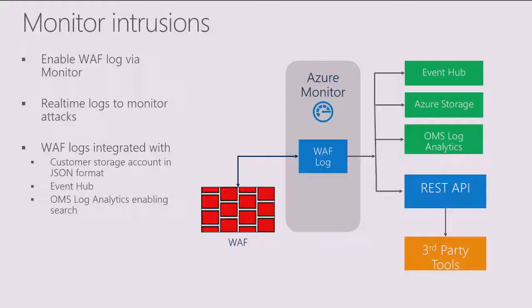Or you could also turn it on with OMS Analytics so that you can do log search on these logs. And I'll cover those in detail. Because it is integrated with Azure Monitor, you can call a REST API and get these logs yourself and integrate into any third-party tool of your choice. You could also do it with a call from Azure Storage as well. And I'll show you the log format in the demo.